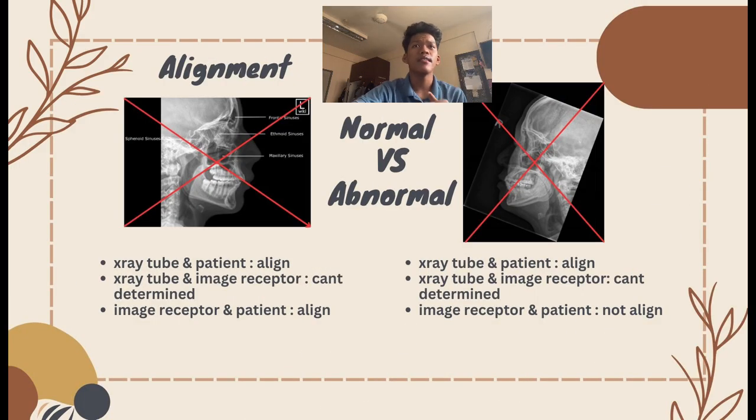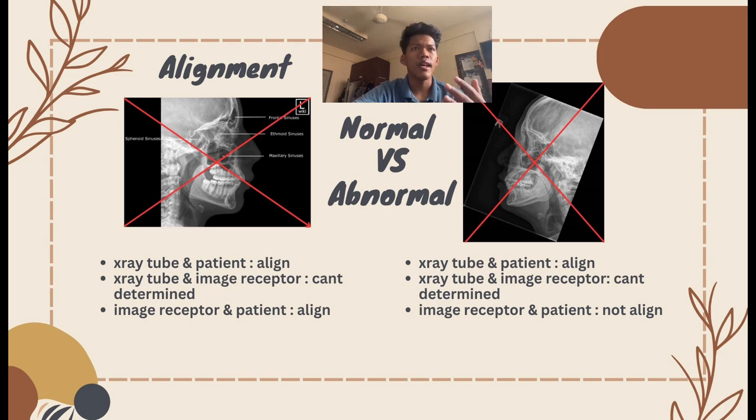Next, for the alignment. For the normal radiograph, the alignment of the X-ray tube and patient is aligned. The X-ray tube and image receptor cannot be determined, and the image receptor and patient is aligned. For the abnormal radiograph, the alignment of the X-ray tube and patient is aligned.